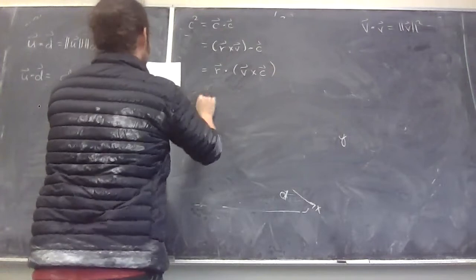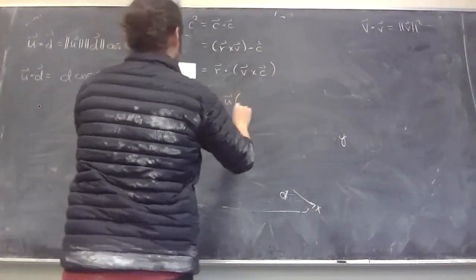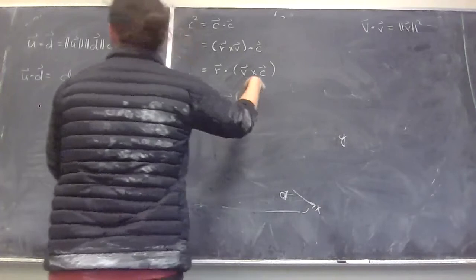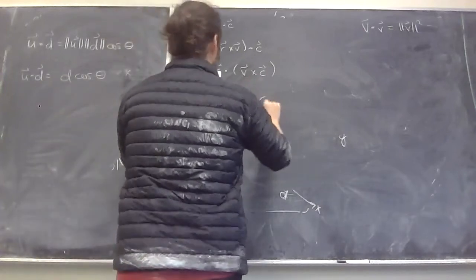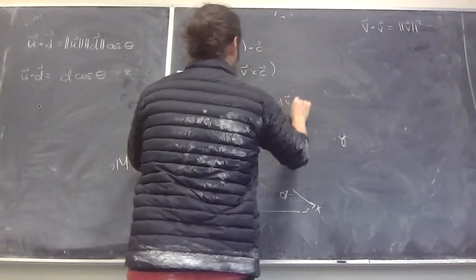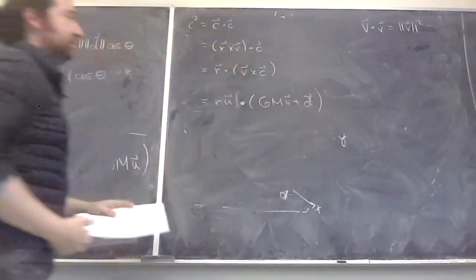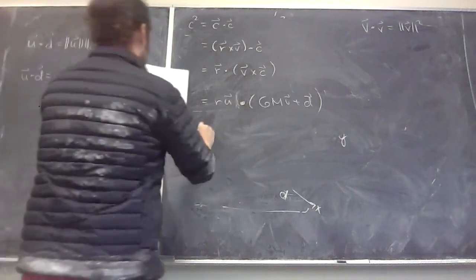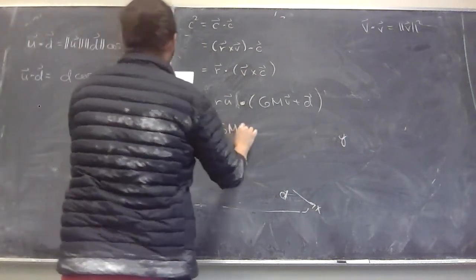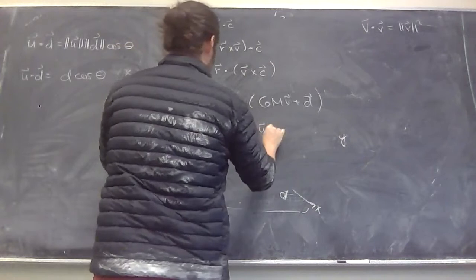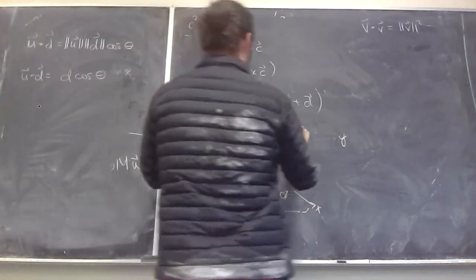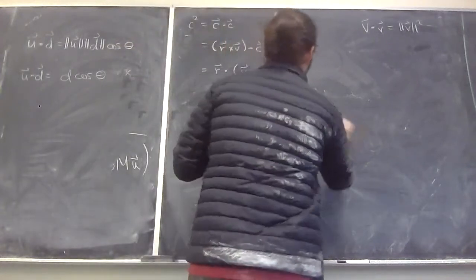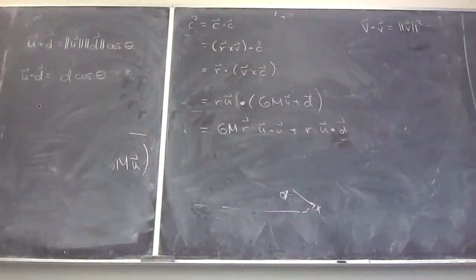That gets me R U dotted with, oh, I know what V cross C is. V cross C is equal to GM U plus D. And that's equal to GM R U dot U plus R U dot D. So more nonsense vector math, just slopping symbols around and hoping things cancel.